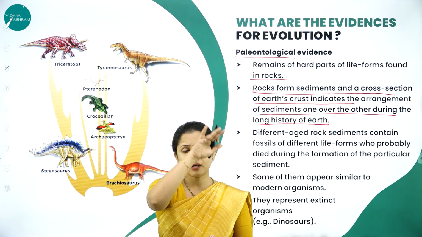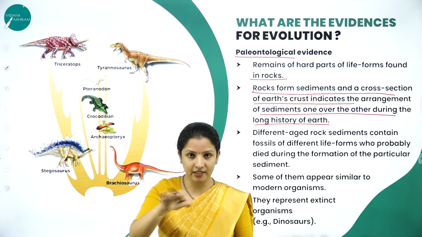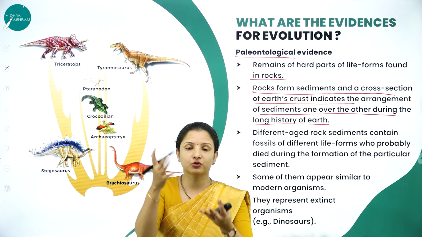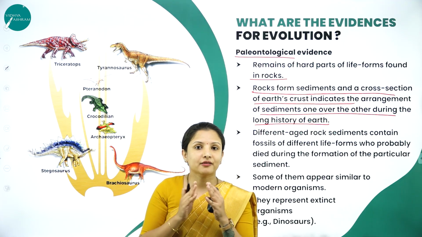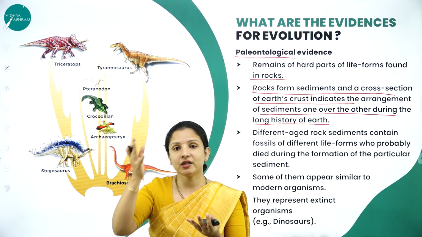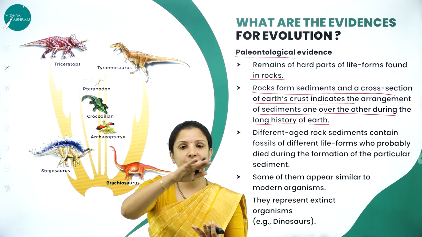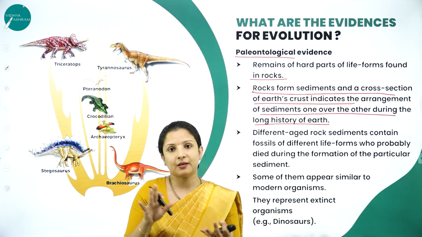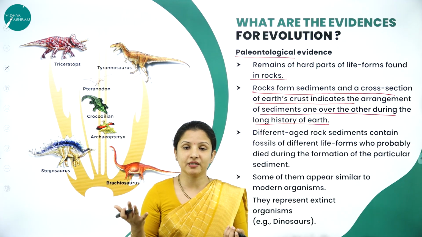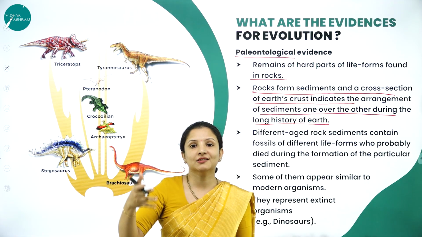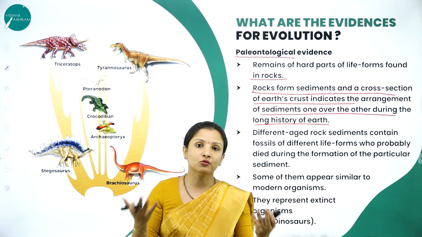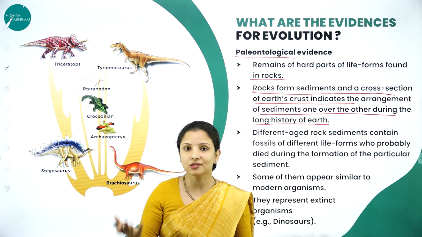So we count the number of sediment layers in the rock. Once we cut the rock, we can get the fossil print inside. Then we need to see how many layers of sediments have settled. Say for example, if 10 layers of sediments are there, maybe they can say that this fossil is 10 years old. Or if there are 1,000 layers, they can say that this fossil is 1,000 years old.